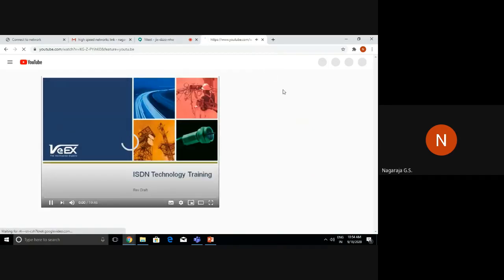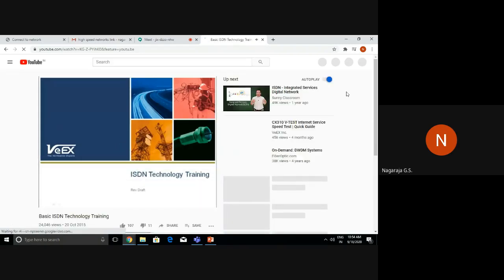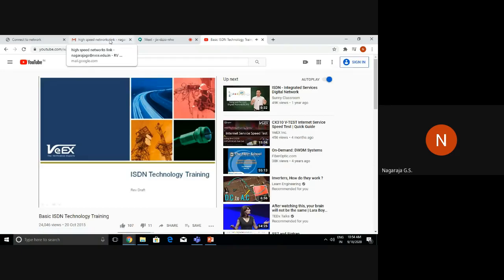Integrated Services Digital Network, or ISDN, allows the digital transmission of voice and data over copper pair. It began in the early 1990s to provide circuit-switched connections for either voice or data in increments of 64 kilobits per second. This session will provide an overview of ISDN fundamentals with an emphasis on ISDN Primary Rate Interface, or PRI.